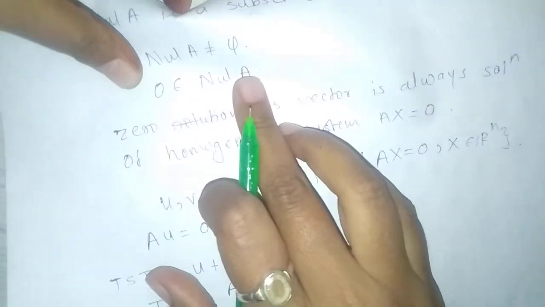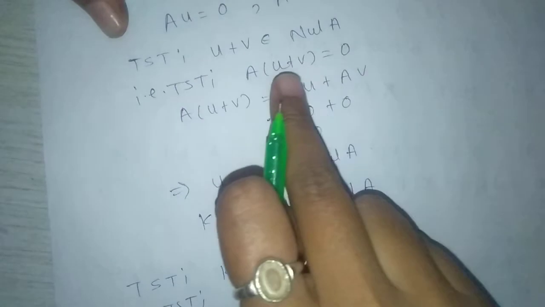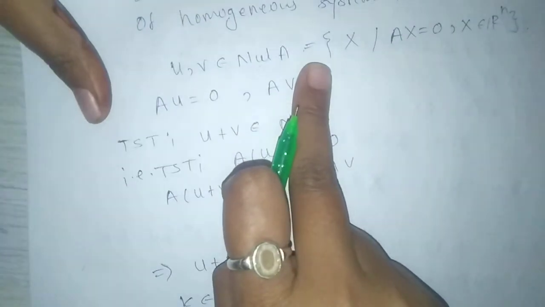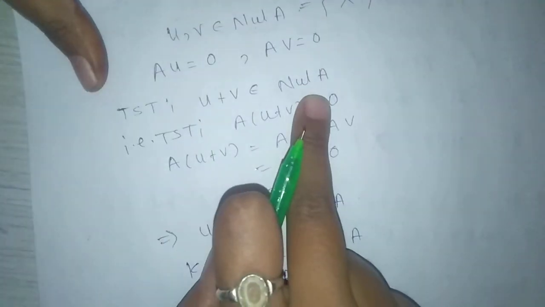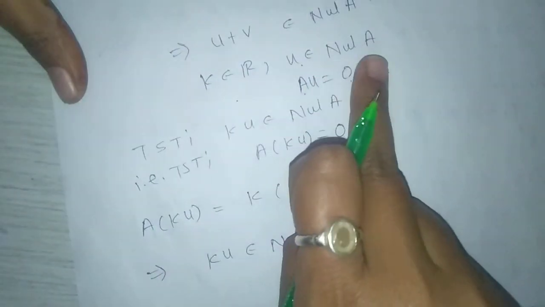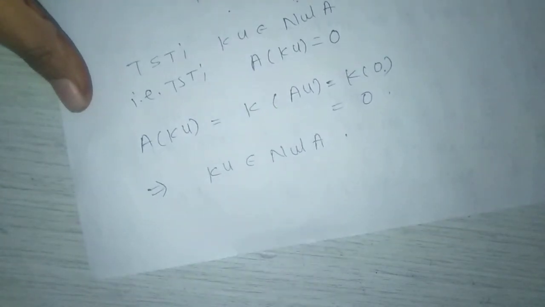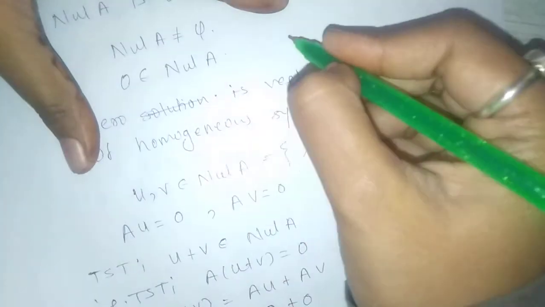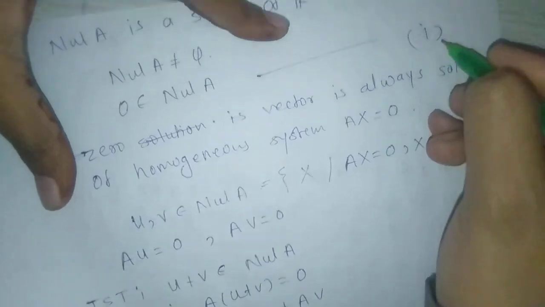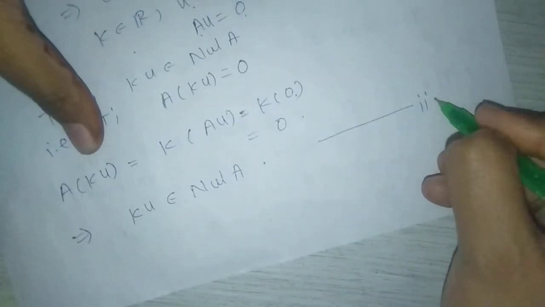Here the null space of A is non-empty also. For all u, v belonging to the null space of A, u plus v also belongs to the null space of A, and also for k belongs to R, u belongs to the null space of A, we get k u belongs to the null space of A. Call these equation number 1, equation number 2, equation number 3.